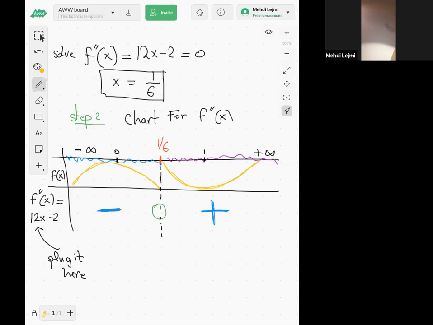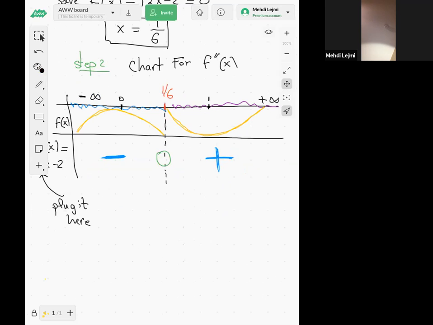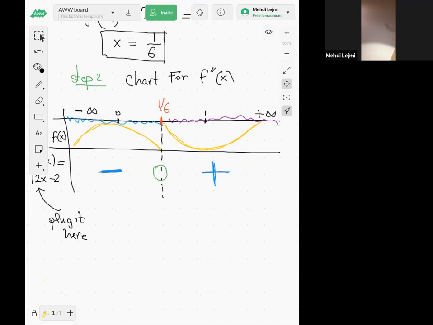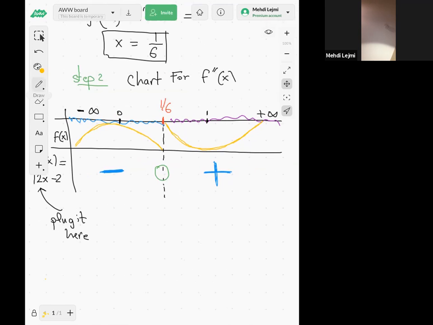So then, to answer the question, of course, here the 1 over 6 is going to be an inflection point, because your function f changes the direction of concavity at 1 over 6, right? Here it's concave downward, and then it becomes concave upward after 1 over 6.